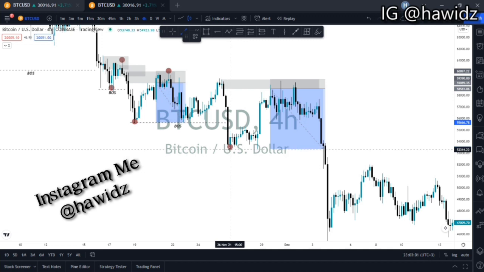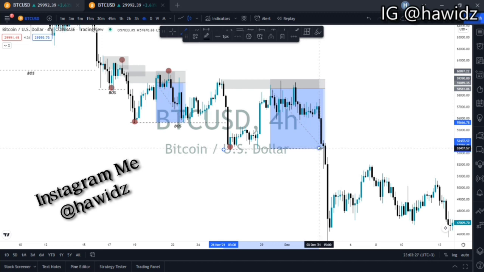We always look for entries, and if we don't see them, it means that we're waiting for price to reach somewhere for us to take an entry. So in this case, where is our next entry? We'd do the same three-step strategy that I just taught you: we always look for the break of structure, the S&D left behind, and the confirmation.